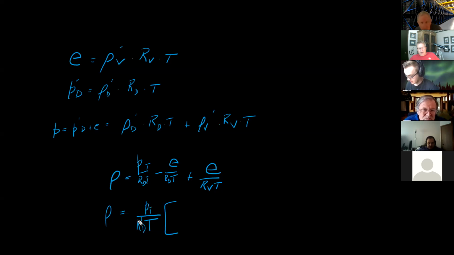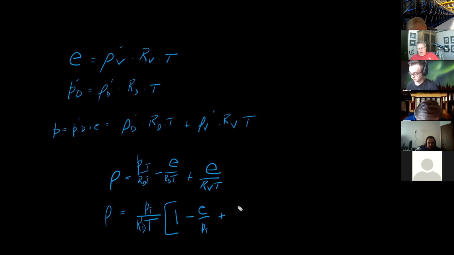Now when I pull this out, I'm pulling it out of 3 terms. Well, PT, RDT, that's the same thing. So what I have is 1. Now over here, the RDT is fine, but I have a PT, so what I need to do is have E over PT.